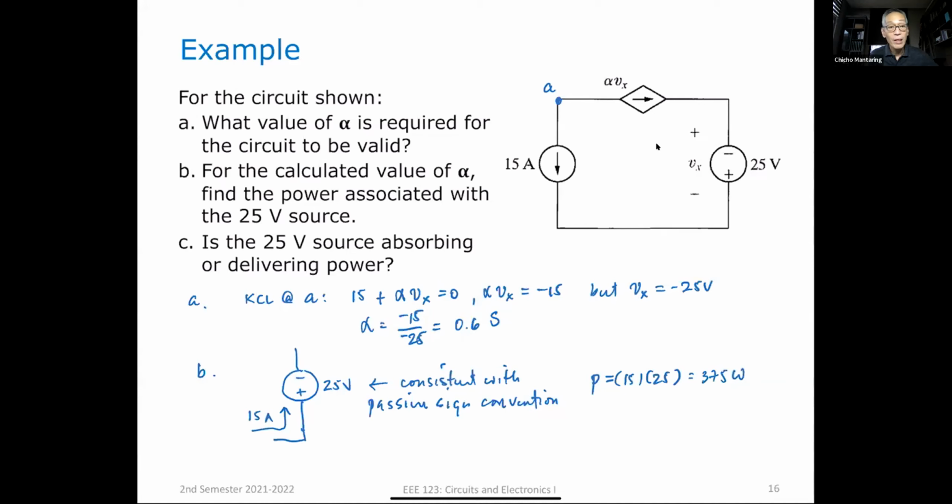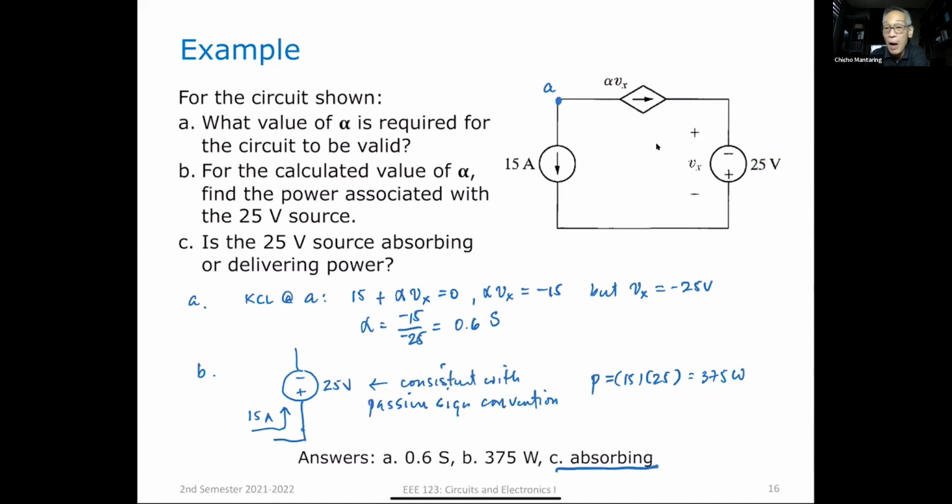Okay. So what is the answer to letter C? Well, it's here. The answer to letter C is it is absorbing. Because if it follows the passive sign convention, then that means that power is being delivered to the element, or the element is absorbing power. So in this particular case, this 25-volt source is really not delivering power.